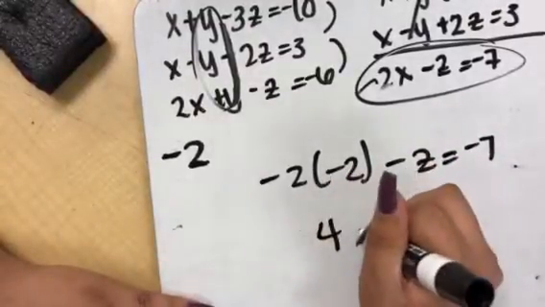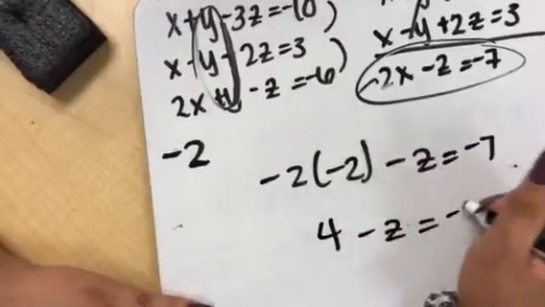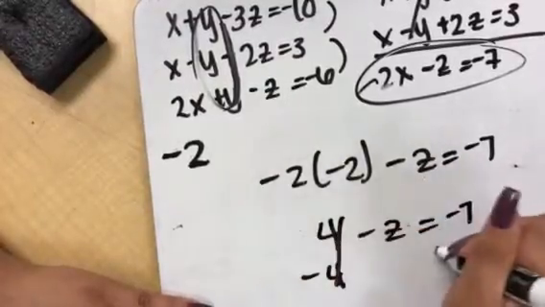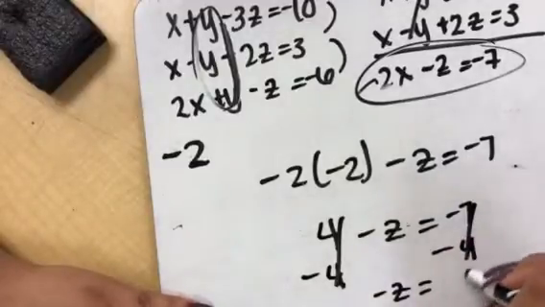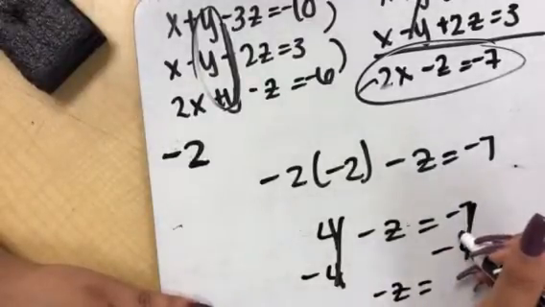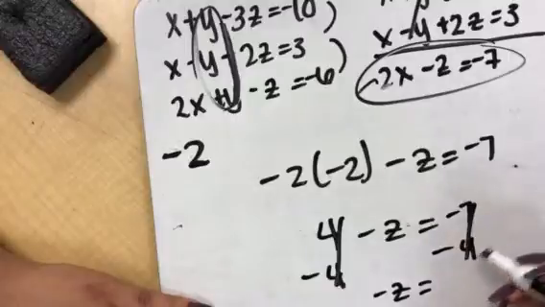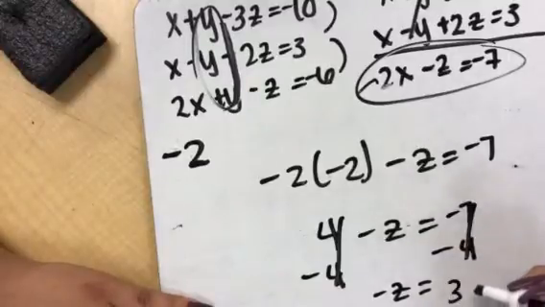Here we would have 4 minus z equals negative 7, and I would subtract by 4, and then I'd be left with, 3. This is supposed to be 3.